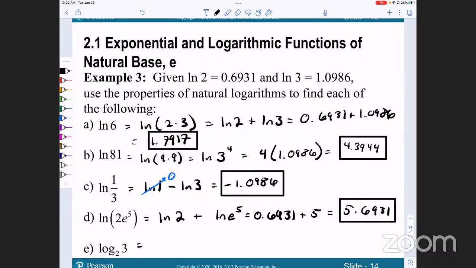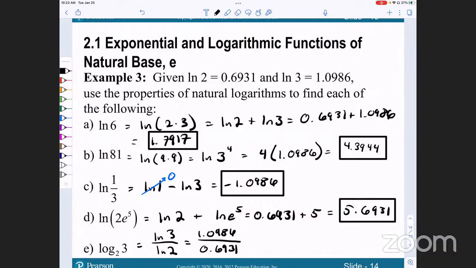So then log of 3 base 2, we can use the change of base formula. We can rewrite this as natural log of 3 over natural log of 2. That's 1.0986 divided by 0.6931.